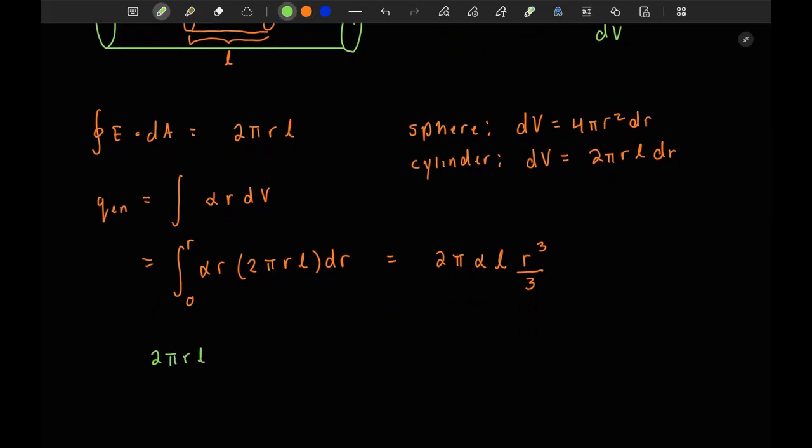I just noticed that I had mistakenly dropped an E up there. We get 2 pi r l E is equal to 2 pi alpha l r cubed over 3 epsilon naught. Some cleaning up to be done. One factor of r cancels, l cancels, and we're left with E is equal to alpha r squared over 3 epsilon naught.